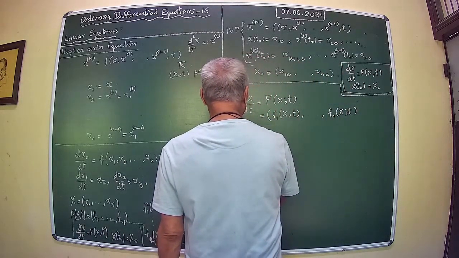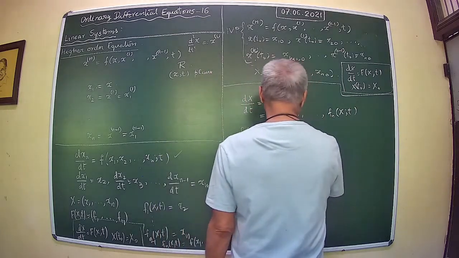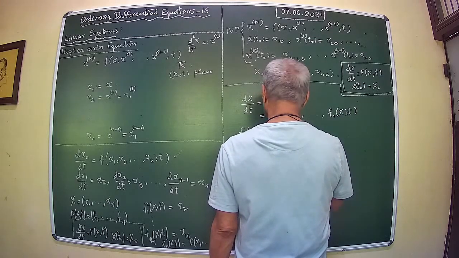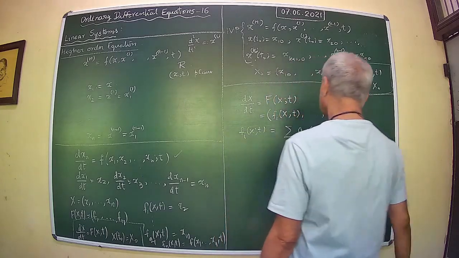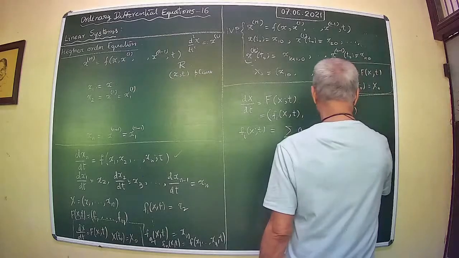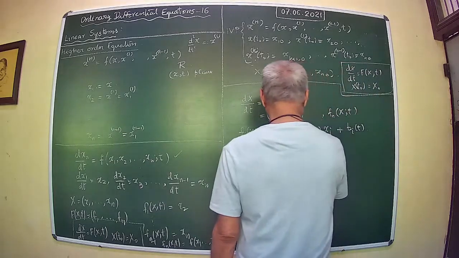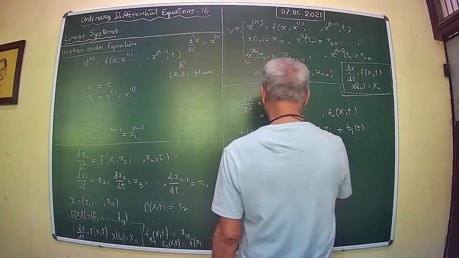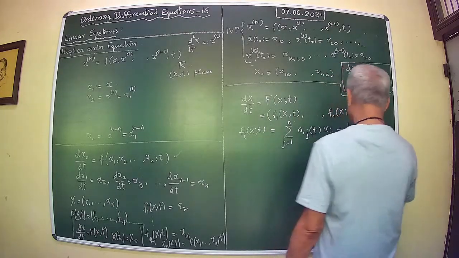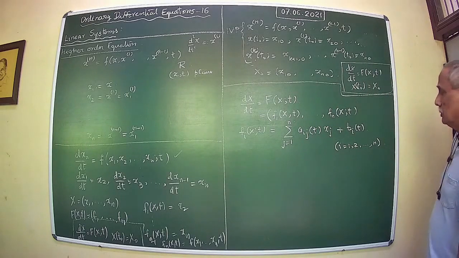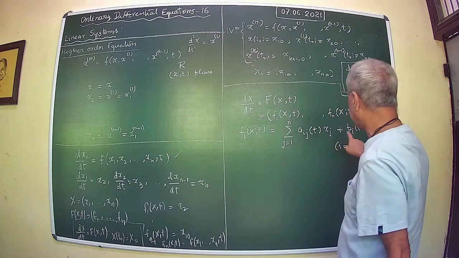We take fi of x, t... xj... That means fi of x, t is of the form sigma aij(t) xj plus bi(t).